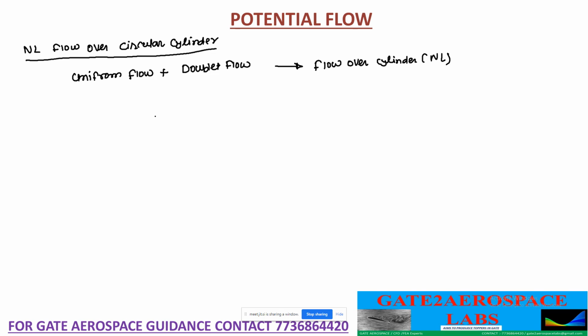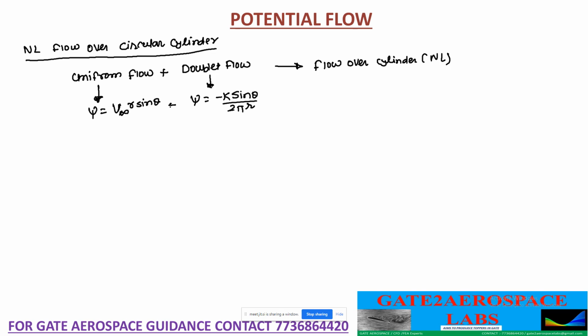Now for uniform flow, I know the stream function is given as V infinity r sin theta, and for the doublet, as we have just seen, minus k sin theta by 2 pi r.